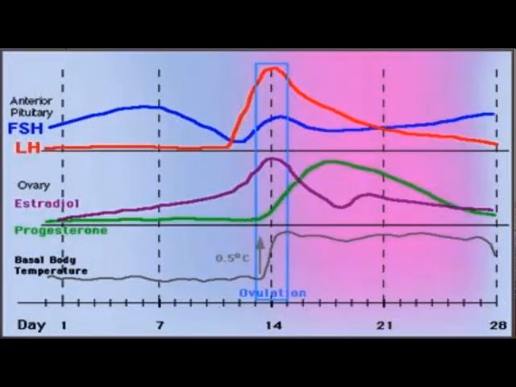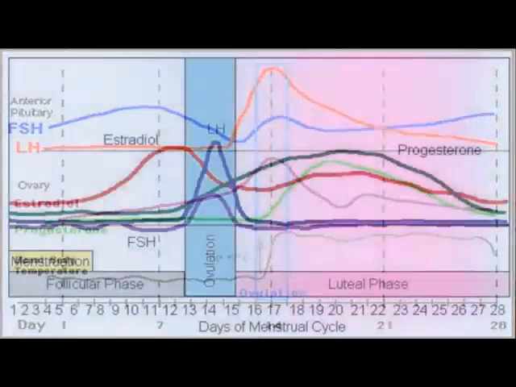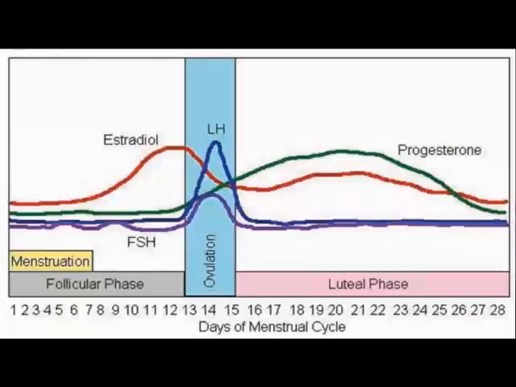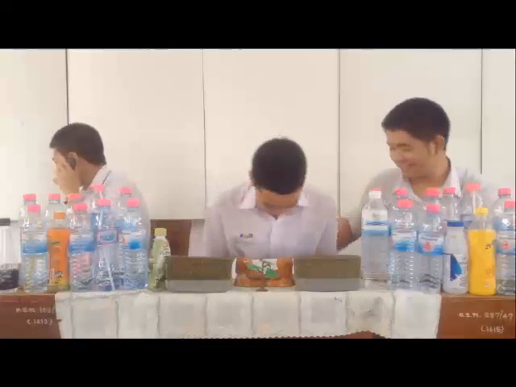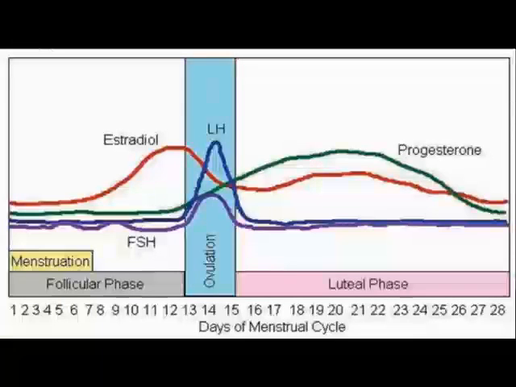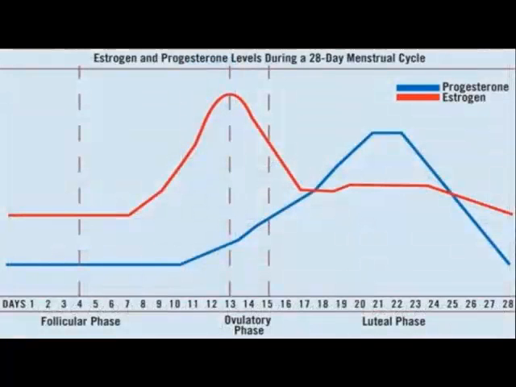Luteal phase begins with the formation of the corpus luteum. The main hormone associated with this stage is progesterone, which is produced by the growing corpus luteum and is significantly higher during the luteal phase.